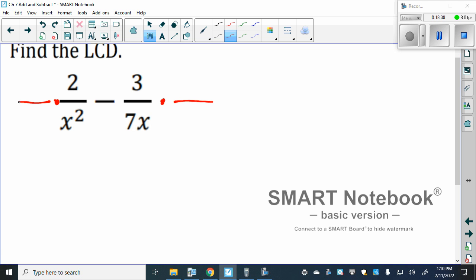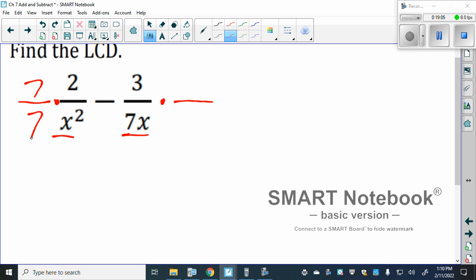So looking at the one on the right, what does it have? What does the 7x have that the x squared doesn't? They both have x, yes? The left one actually has 2. So it does have 1x, but what is it missing? A 7. Because that would get them closer to being the same, yes?